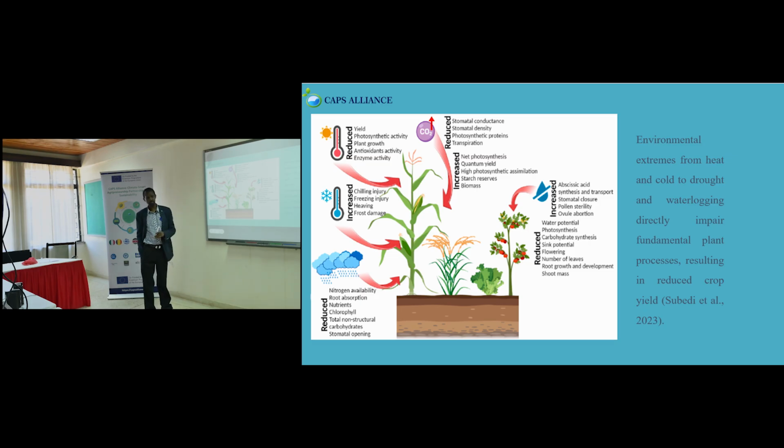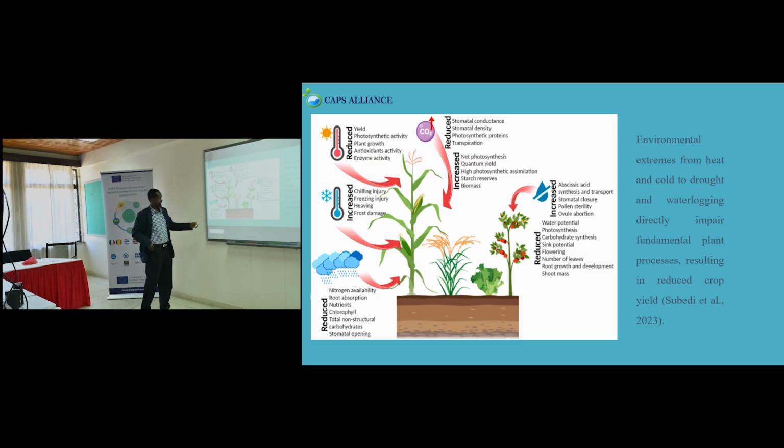Photosynthesis activity is minimized. Antioxidant activity is also minimized. Enzyme activity is minimized. Now, what about if the temperatures are very low? Leads to chilling injury, freezing injury, having frost damage to the leaves, and so forth.